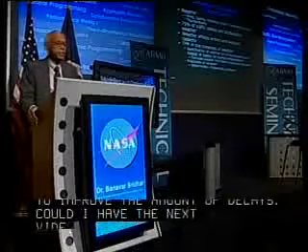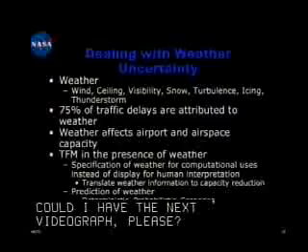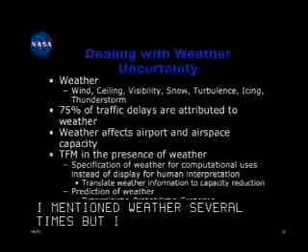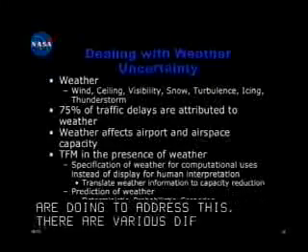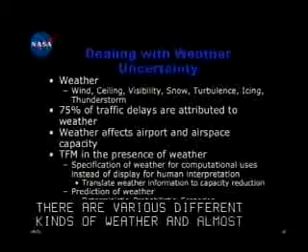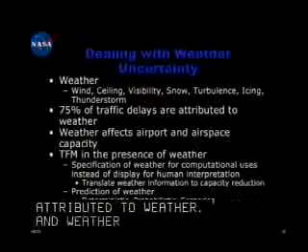I mentioned weather several times, but I didn't tell what we are doing to address this. There are various different kinds of weather, and almost 75% of the traffic delays today are attributed to weather. And weather reduces both airport and airspace capacity.